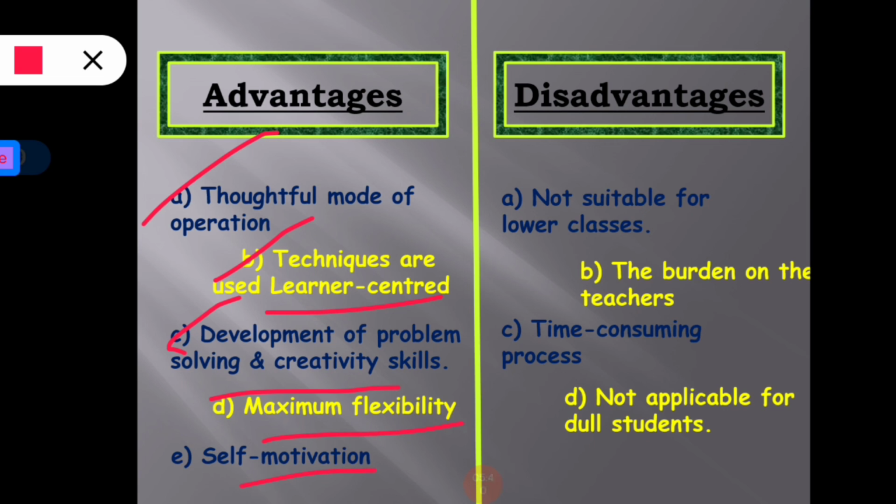Obviously self motivation is one of the most important qualities for developing problem solving thinking, creativity thinking, independent thinking also. Now move on to some disadvantages of the reflective level of teaching.